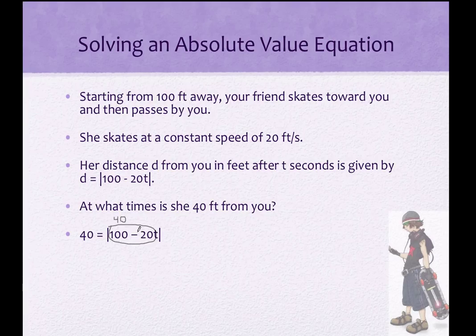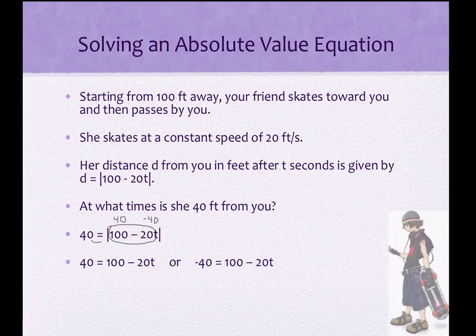But we also know what's inside here could be negative 40 because the absolute value of negative 40 is also equal to 40. And so what's inside could be either one. So we set up two equations. One, 40 equals 100 minus 20t. But we also know it could be negative 40 is 100 minus 20t.